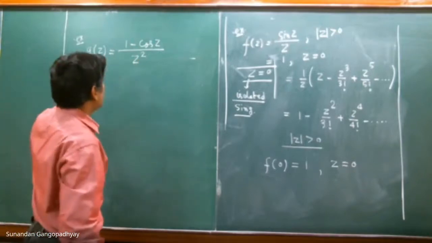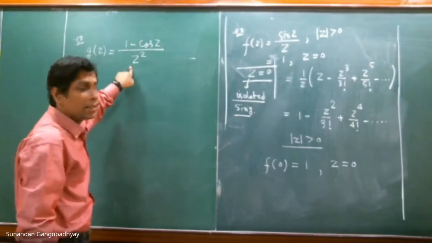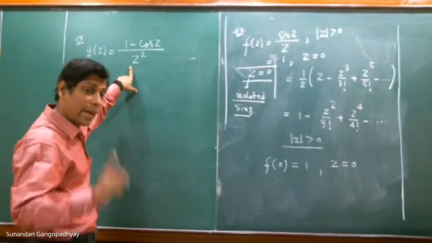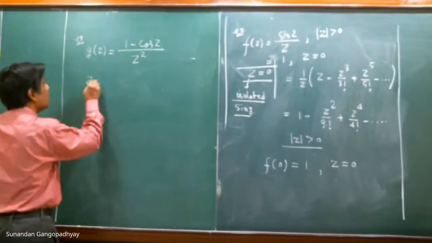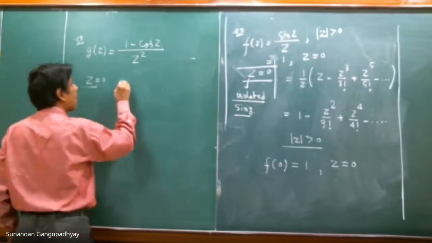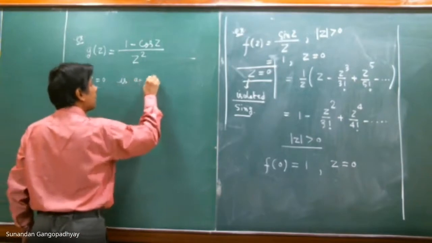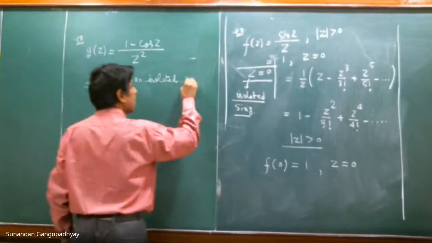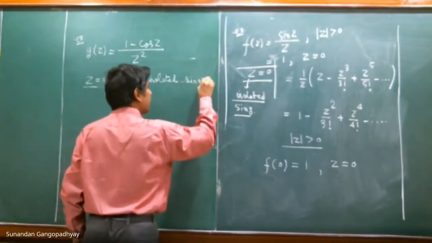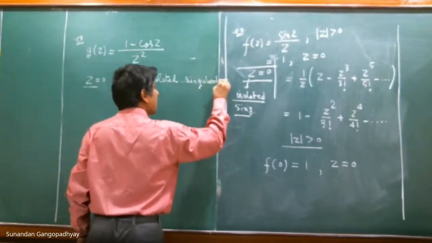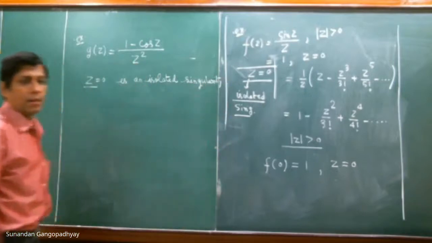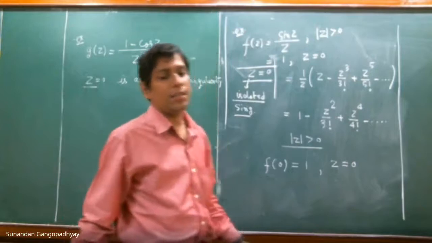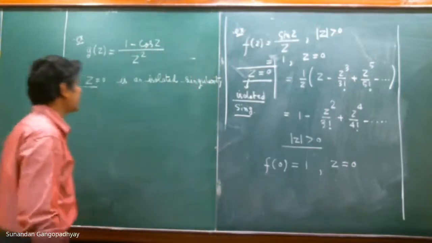Once again, you can see that since z is in the denominator, there is a problem. The function is undefined at z is equal to 0. So it has an isolated singularity. z is equal to 0 is an isolated singularity. Let's see whether this isolated singularity is removable or it is an essential singularity or whatever.